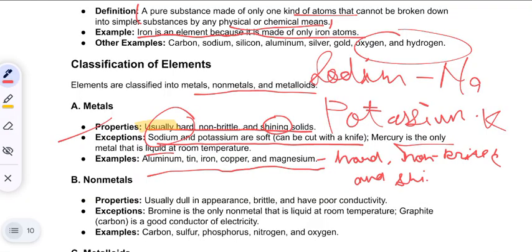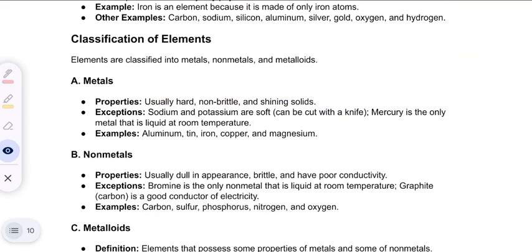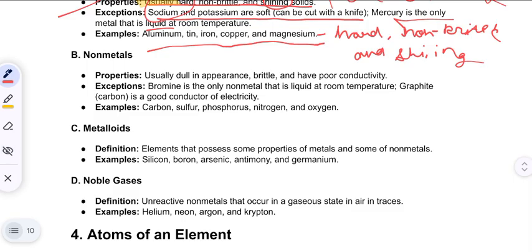Next topic is non-metals. What are non-metals? Non-metals are usually dull in appearance, brittle, and have very poor conductivity.